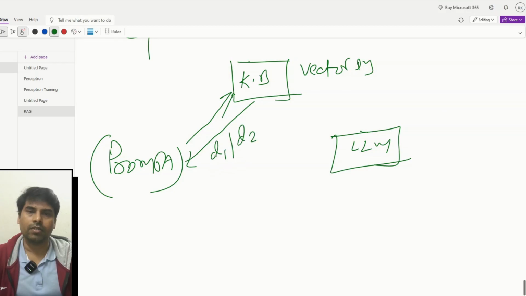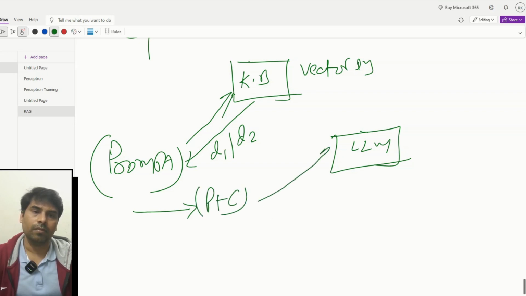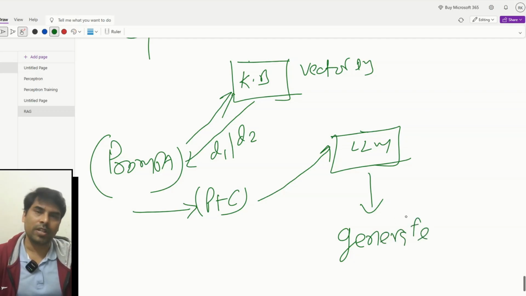That is called context. Then it will combine your prompt plus context and send it to the LLM, and the LLM will generate your response. This is what happens. It's a very simple architecture, and it will generate your answer.